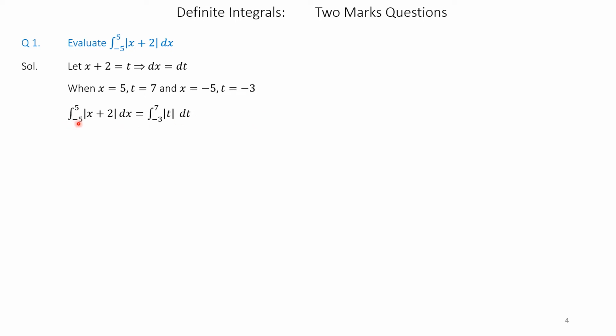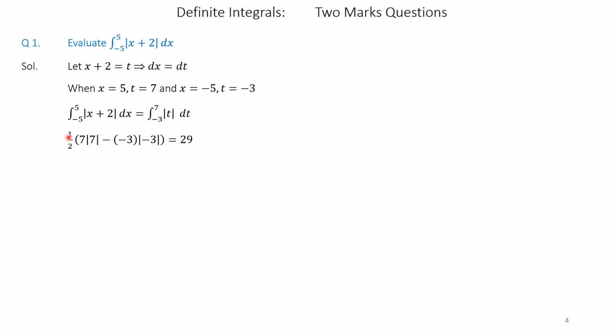Therefore, the integral from minus 5 to plus 5 of mod of x plus 2 dx is equal to, we have to put it in terms of t. So the lower limit of t is minus 3 and the upper limit of t is 7. Therefore, we put the integral from minus 3 to 7 of mod t dt.